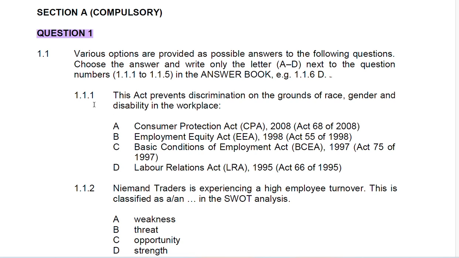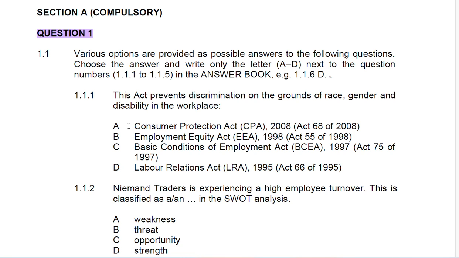So 1.1.1: this act prevents discrimination on the grounds of race, gender, and disability in the workplace. We are provided 4 possible answers, A, B, C, and D, so we are going to read all of them. Once you have read all of them, then we need to select the correct answer.